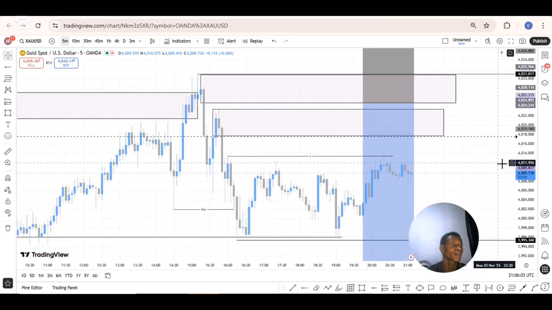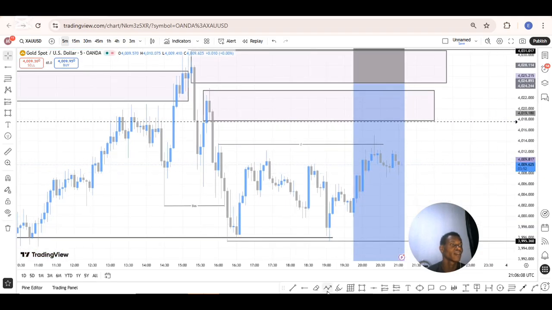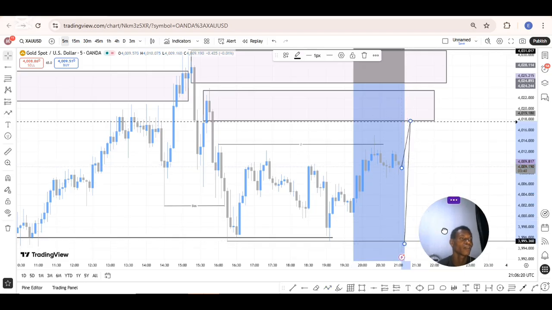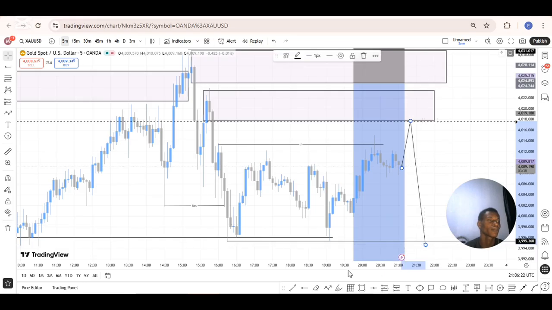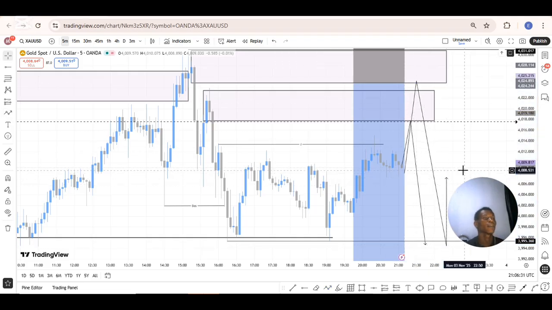So I'm expecting price to come up here and tap on this zone and bounce back, or the market to go all the way up like this and then bounce back. These are the two scenarios I'm expecting on gold before I will sell.